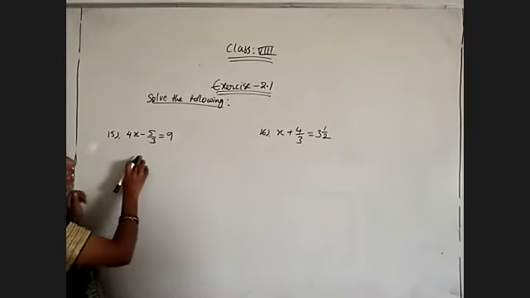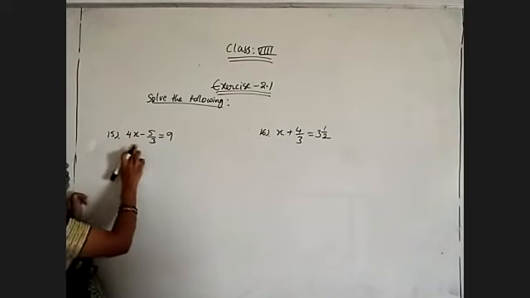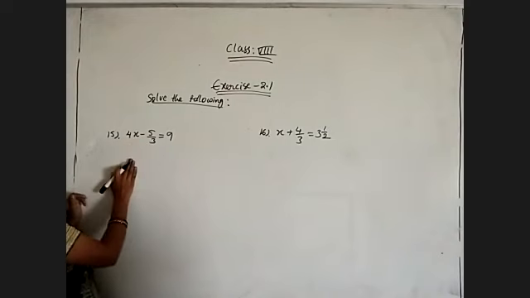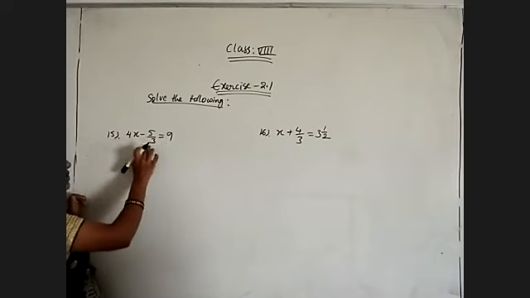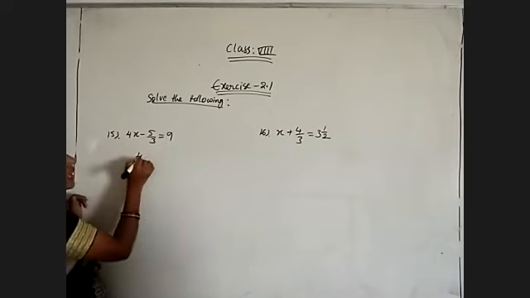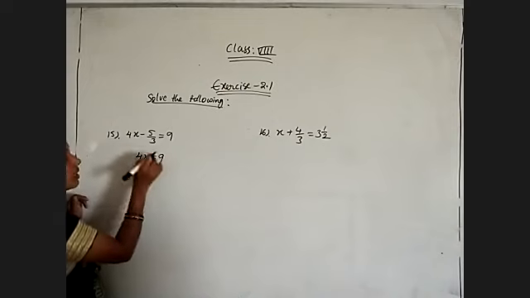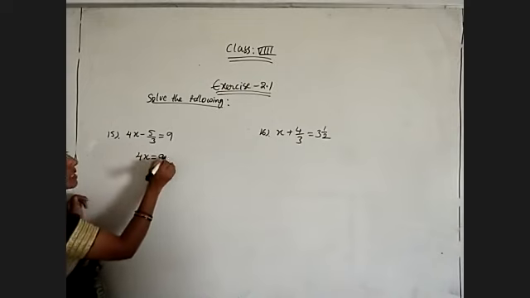Now, as I told you, when variables are there, then simplify on the variable side. But 5 by 3 is a number and 9 also is a number. So bring this 5 by 3 to this side. 4x is equal to 9 minus 5 by 3, by bringing this side, plus 5 by 3.